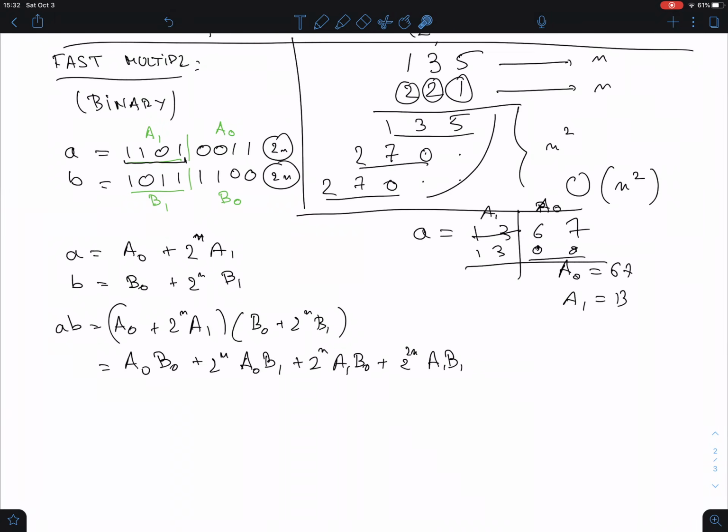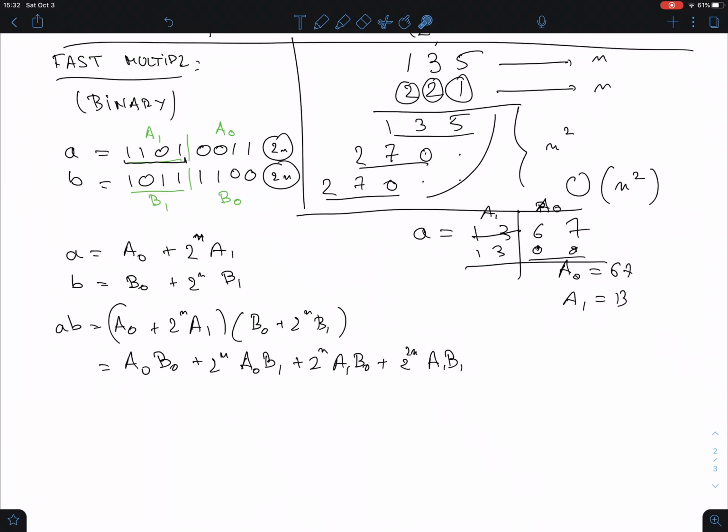So if I would do this, I would have divided my original problem in half. So I would deal with things of half the size, but I would have to carry it out 4 times. There are 4 products that I have to calculate.